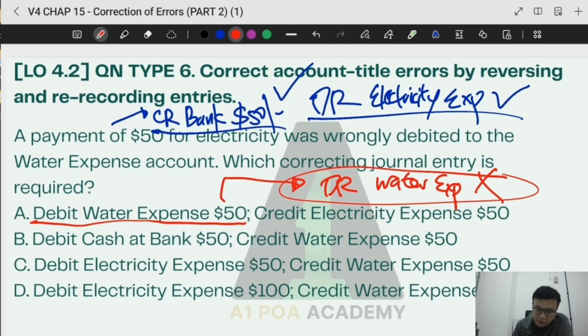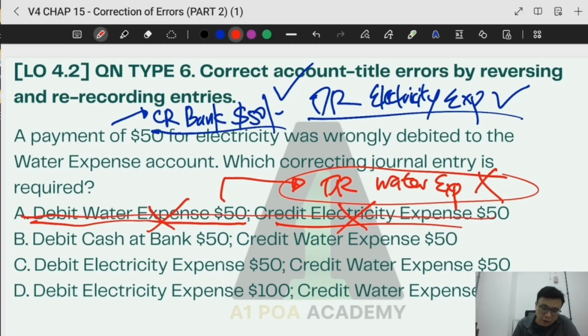We are trying to ensure that the electricity expenses is recognized, so by reducing the electricity expenses by crediting it, we are not making the situation better. So this one is wrong. So A is definitely out.